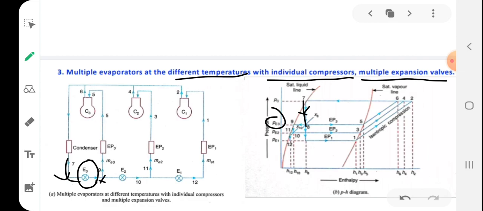Now from this point, you can see in this graph, the vapor forms. Some part will move to EP3, evaporator 3, and some part will move to the liquid part. The liquid part will move to the second expansion valve.